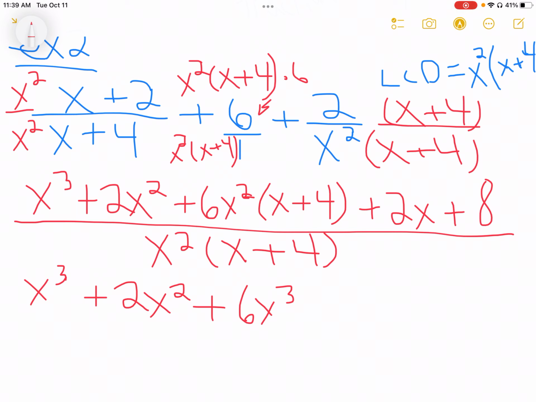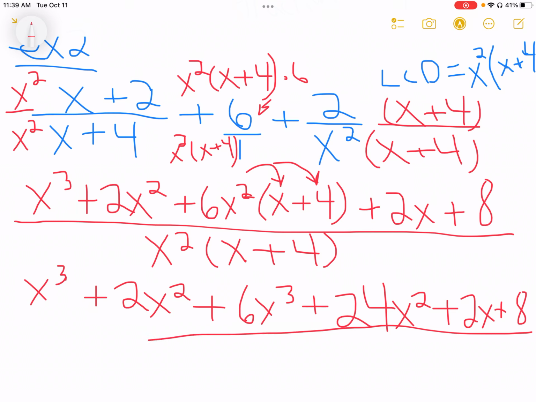Because you have to distribute here, right? You have to distribute that one, distribute that one. So 6x cubed plus 24x squared, okay? So plus 24x squared. And then we have plus 2x plus 8.